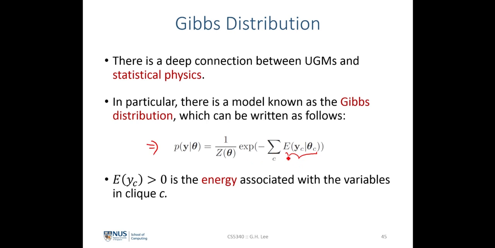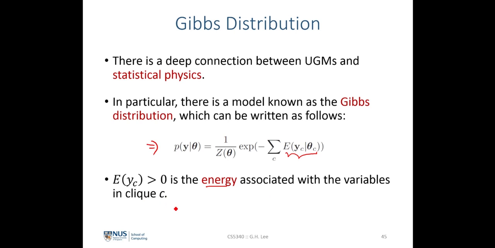And this is of course brought into an exponential term to constrain the range of this particular energy function. In this case, the energy function is always more than 0, hence we term it as an energy that is associated with the random variables in a clique of C.